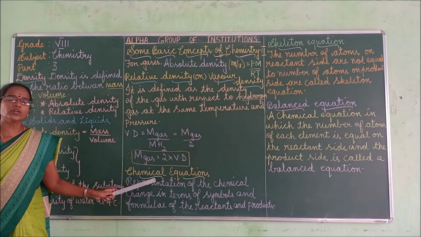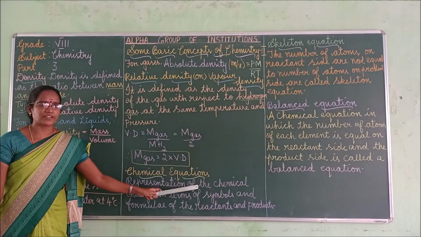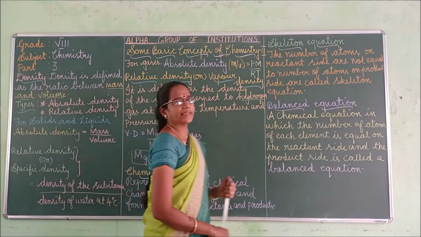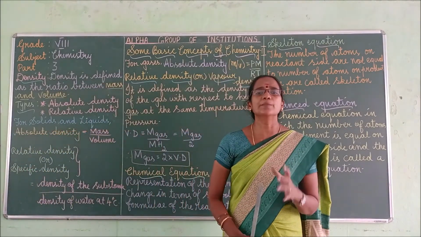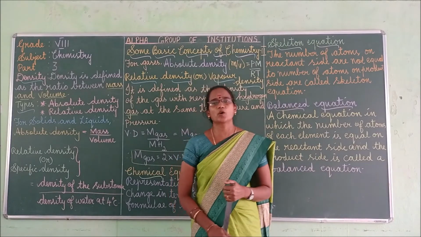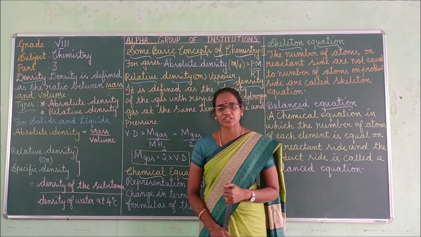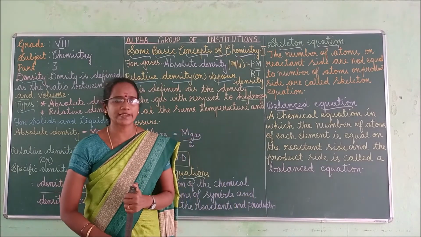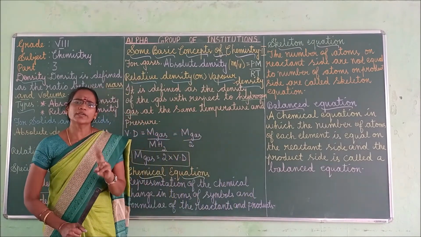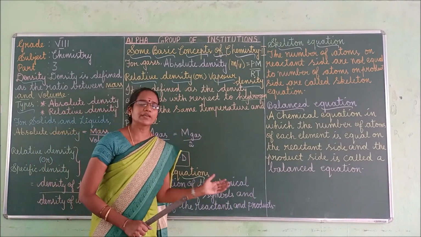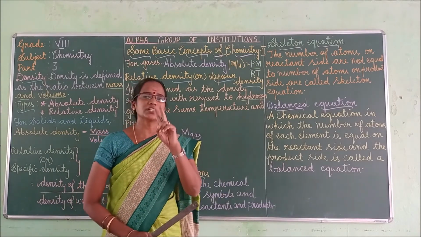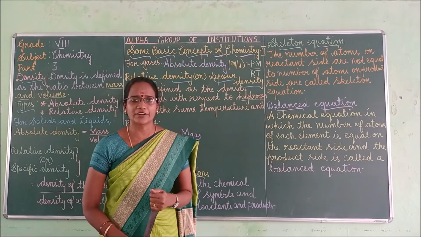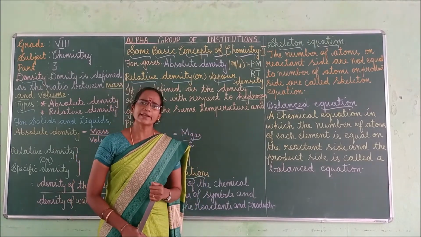Next we can move to chemical equations. A chemical equation is a symbolic representation of a chemical reaction by using symbols and formula. While writing the chemical equation, there are two parts: one is the reactant and another one is the product.